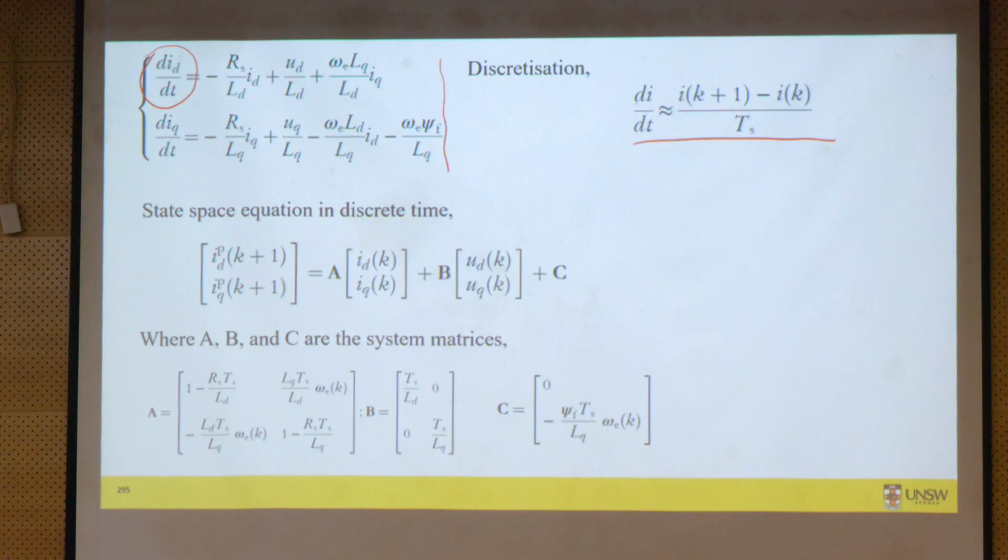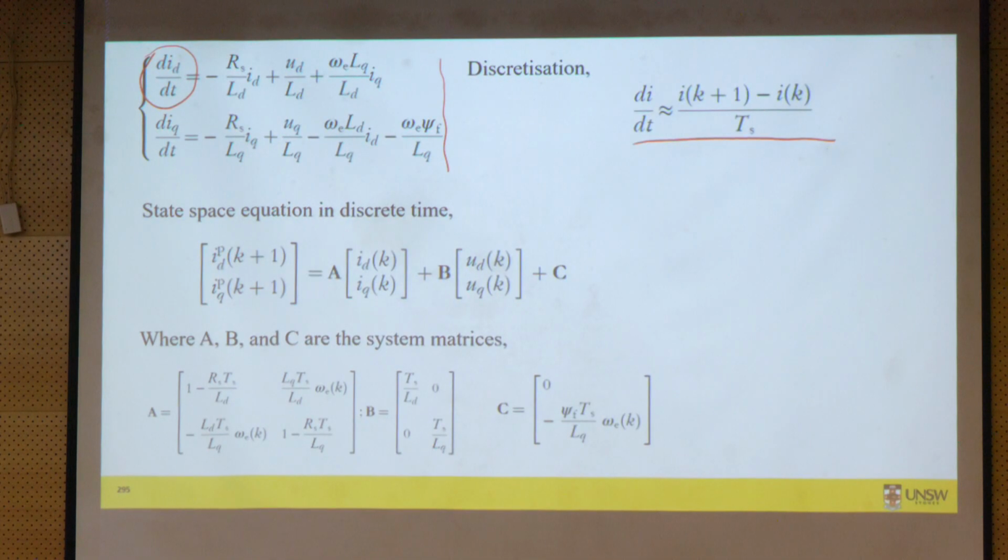So a differential current dI/dt can be written as the difference between two currents at two samples. Okay, if k is at one instant and k plus 1 is the next instant of the current, the difference between these two currents divided by the sampling time is approximately equal to dI/dt. So that's the discretization concept here.